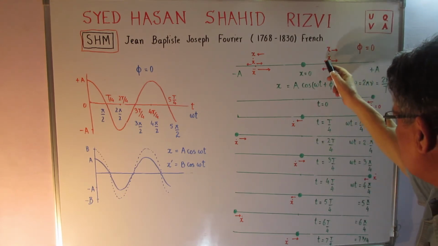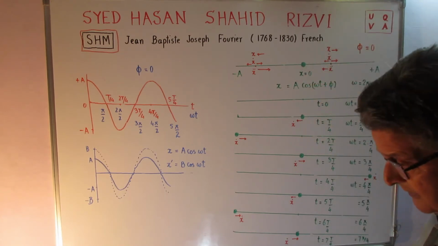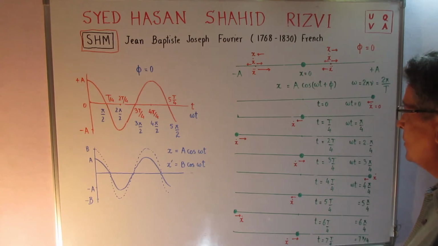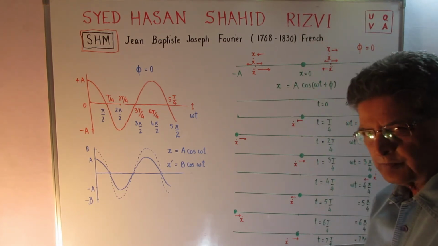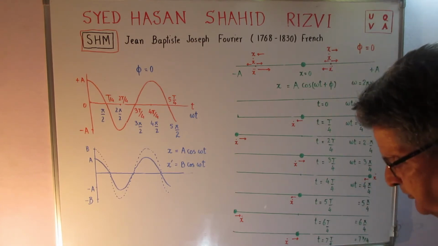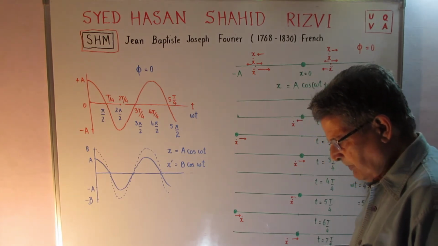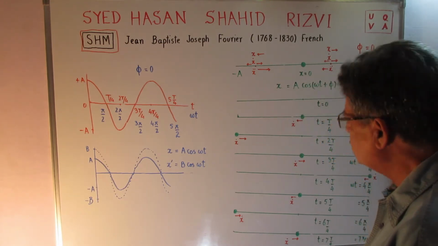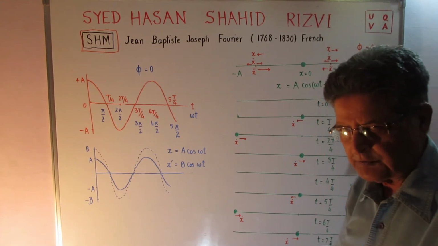Direction of x is like this, from here to here. For this position there are two values of velocity: one when the particle is moving from left to right, and the other when the particle is moving from right to left.